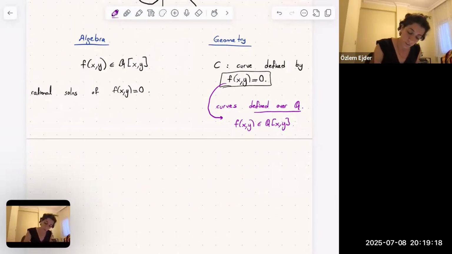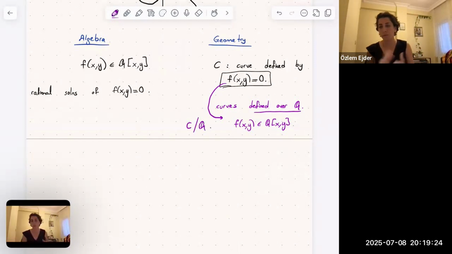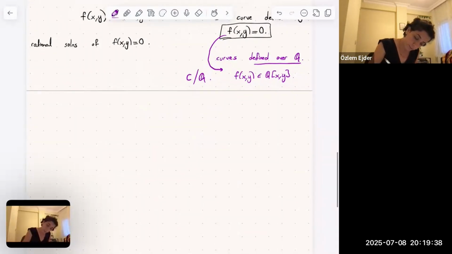Whenever I have a curve C that is defined over Q, I'll just write C over Q like this. It just means that I'm working over an equation with rational coefficients, and I'm mostly interested in finding rational solutions or rational points on this curve. Okay, so now let me state the question that we're going to be interested in.